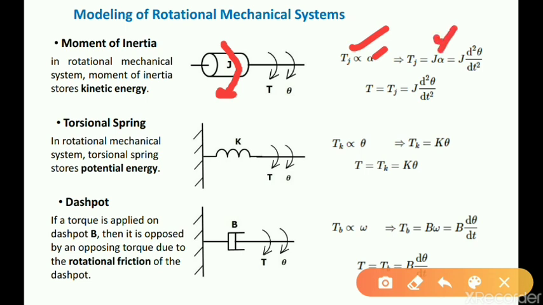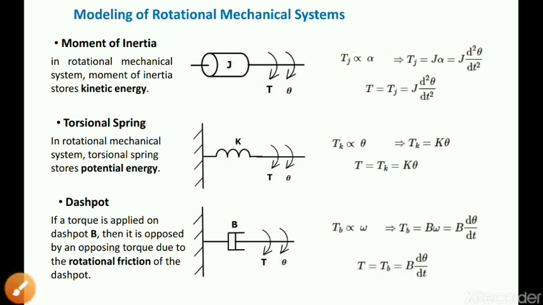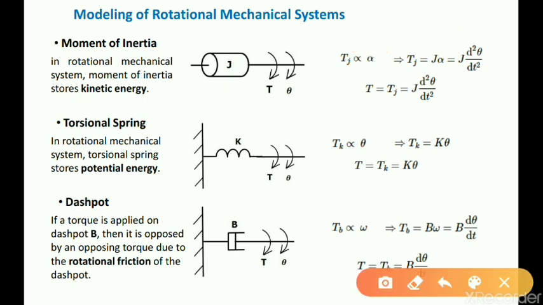So Tj equals J d square theta by dt square, where theta is angular displacement. Then the opposing torque is equal to the applied torque. So T equals Tj, then T equals J d square theta upon dt square. This is for moment of inertia.